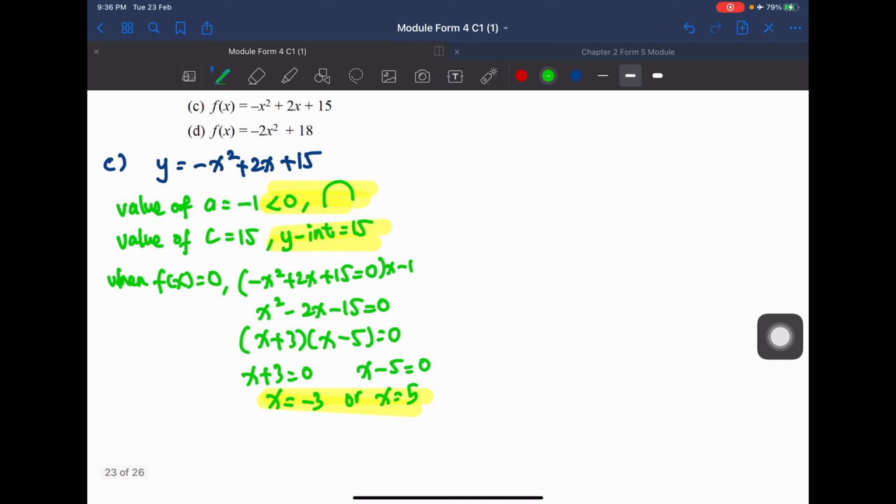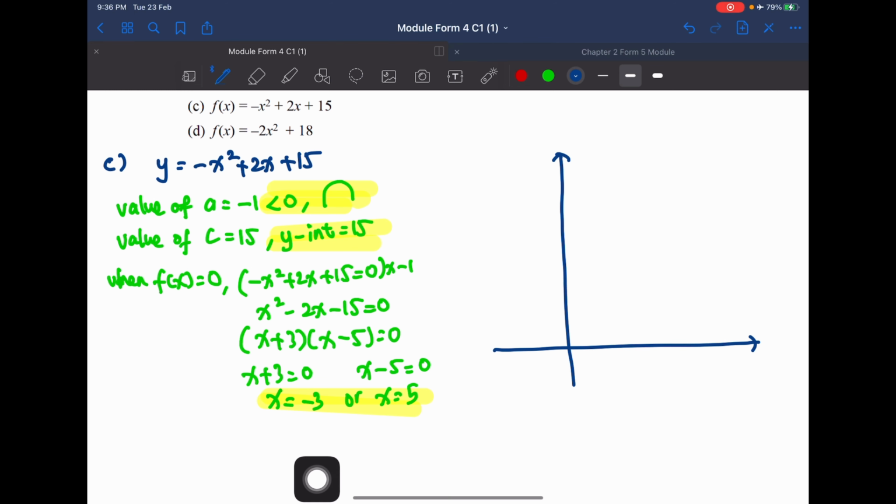Okay, lukis paksi. Okay, draw your axis. Okay, so kita ada y-intercept 15. Okay, so kita ada satu negative 3, satu 5. Okay, so negative 3 belah sini lah kan, 5 belah sini.